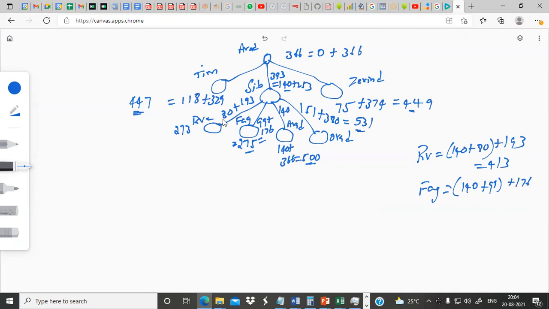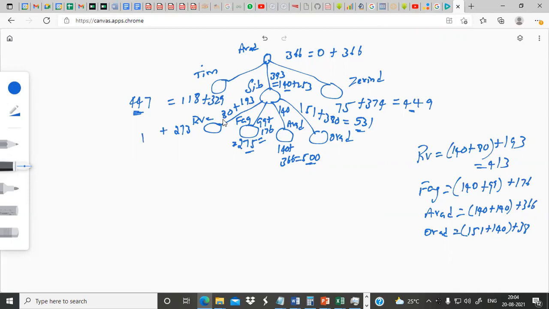Similarly, via Arad, it will be 140 plus 140 plus 366. And via Oradea, it will be 151 plus 140 plus 380. So to everything we should add 140.